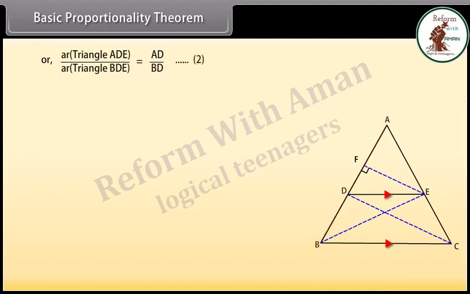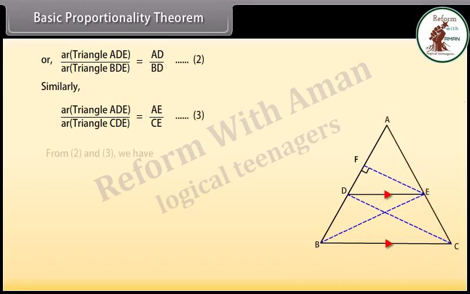Mark it as 2. Similarly, area of triangle ADE/area of triangle CDE is AE/EC. Mark it as 3. From 2 and 3 we have AD/BD = AE/EC, hence proved.